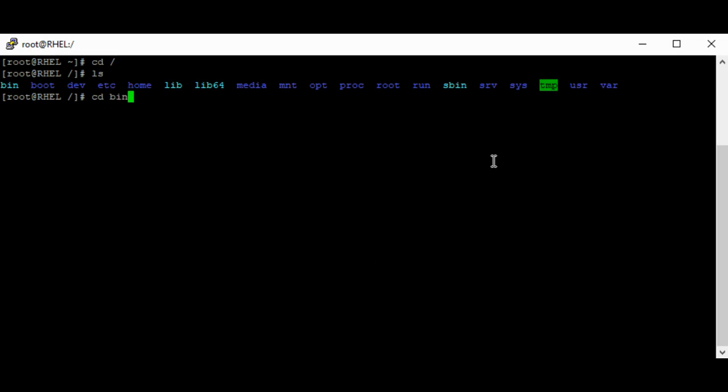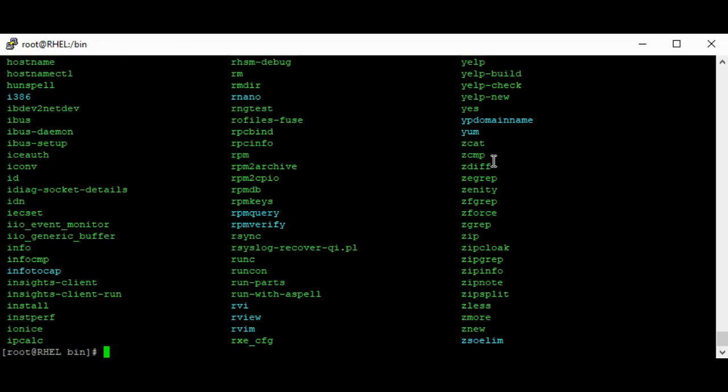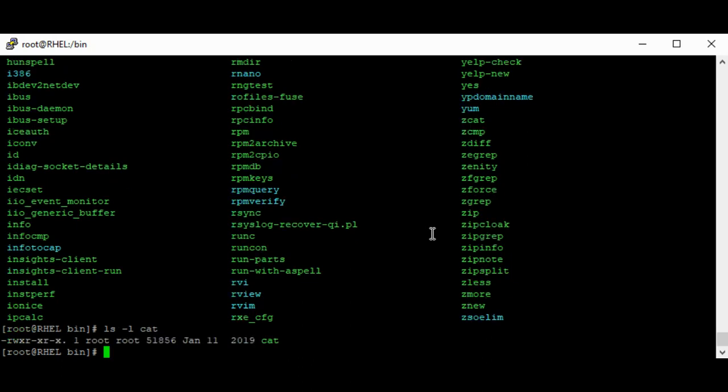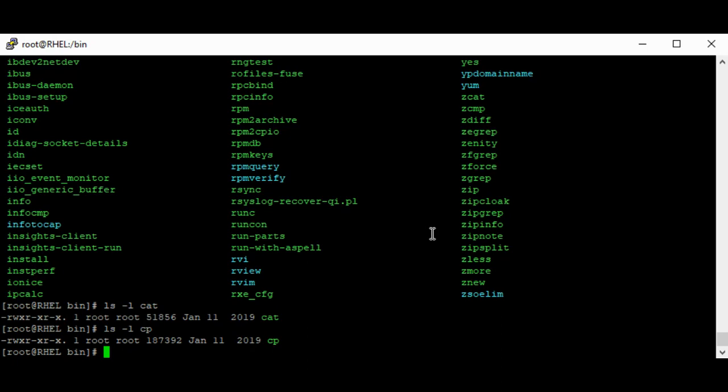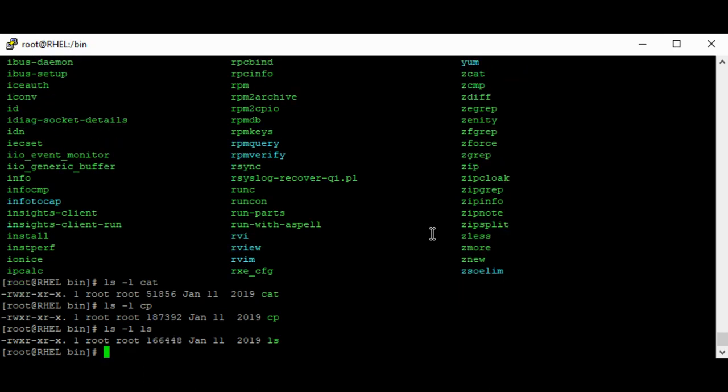If you check the bin directory, you would see lots of applications in here. For example, we can look for the cat application. We can also look for the cp application. Even this ls utility that we're currently using, we can also find in the bin directory.